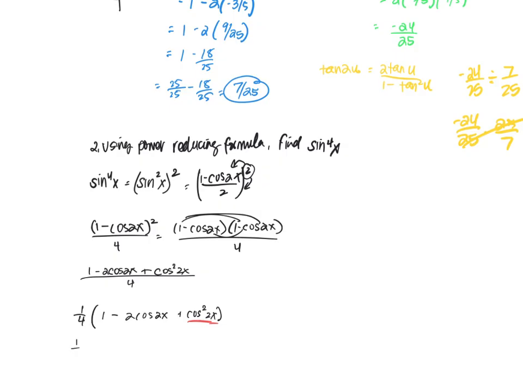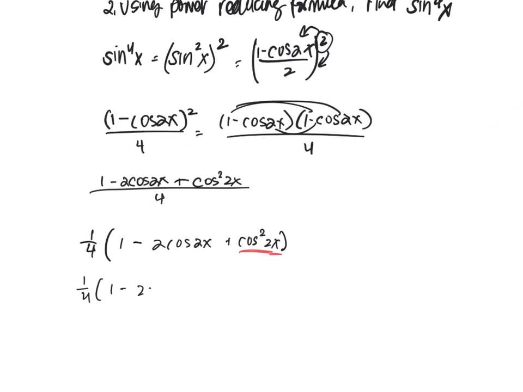So cosine squared 2 theta becomes 1 plus cosine 4x over 2. All right, and technically we are done because we reduced the power, but I'm going to clean this up a little. So I'm going to now multiply out the 1/4.